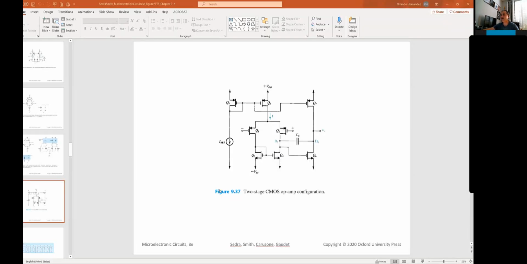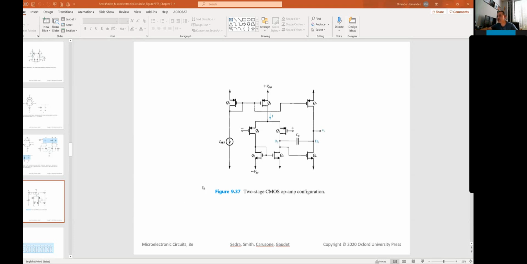And here you have it. This is the simplest op amp that you can have. And here you can see now this op amp is flipped.